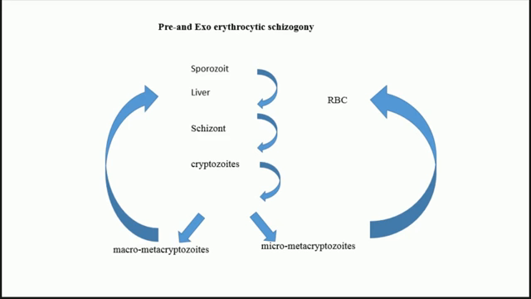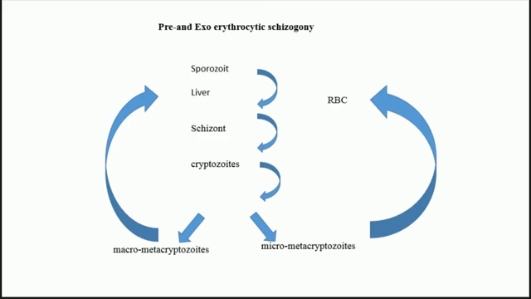Our today's topic will be the continuation from the previous topic. In the previous topic we have already talked about the pre and exo-erythrocytic Schizogony. In this part we have already seen how the blood meal takes place, then the sporozoite enters into the human blood, goes towards the liver, and within the liver it enters into the hepatocytic cells.